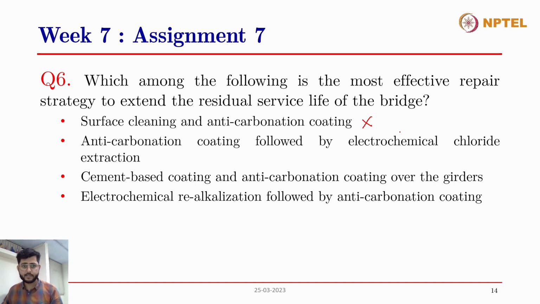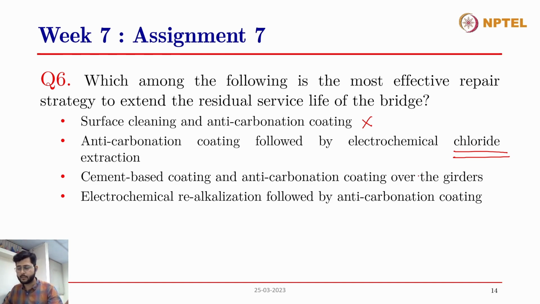The second option is anti-carbonation coating followed by electrochemical chloride extraction, and we see that the chloride content present within the concrete is already sufficiently low. So this is not a case of chloride induced corrosion, and therefore implementing an electrochemical chloride extraction process is only a waste of money and time, and it won't help increase the pH of the concrete.